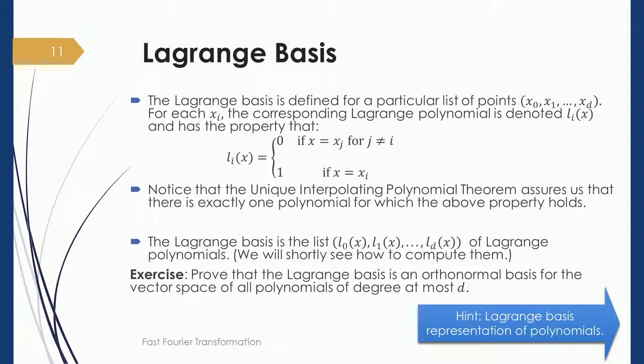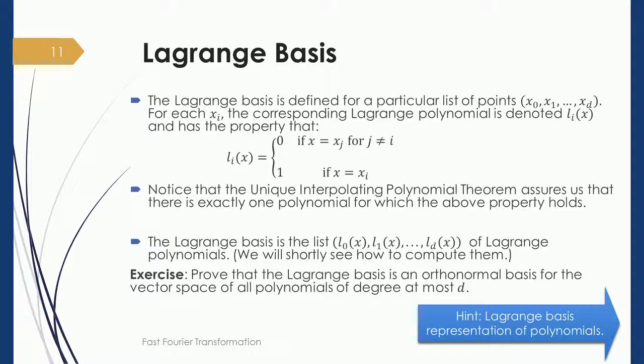Let us look at the ith basis function corresponding to the point x sub i. We denote this by L sub i of x, and we require this L sub i of x to evaluate to 0 at all interpolating points other than x sub i.